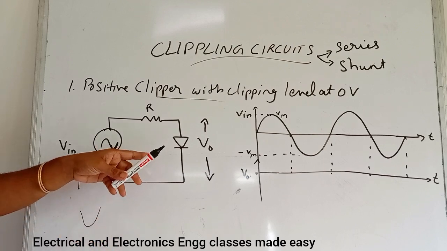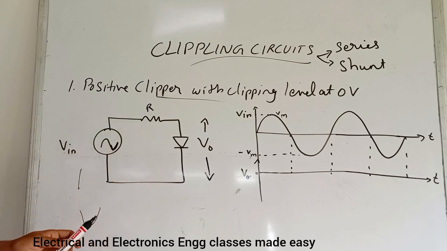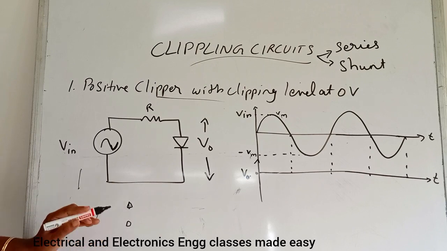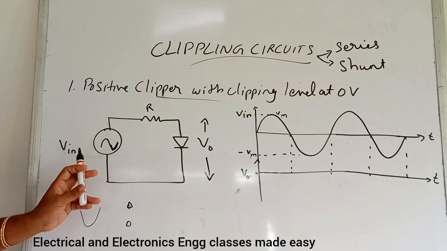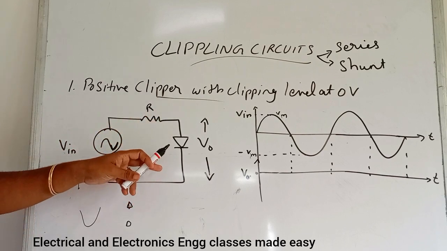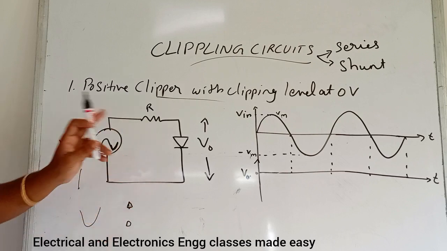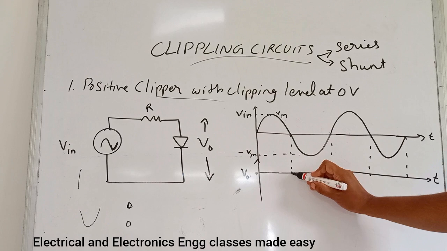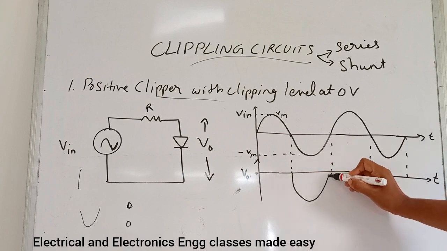That is, diode does not conduct, so it will be in open condition. That is, it acts as an open switch. So we will get the output across this diode. So we will get the output waveform as like this.